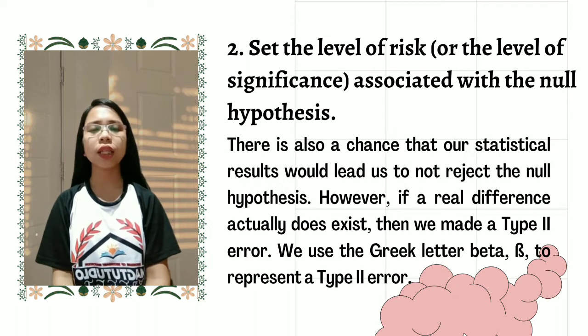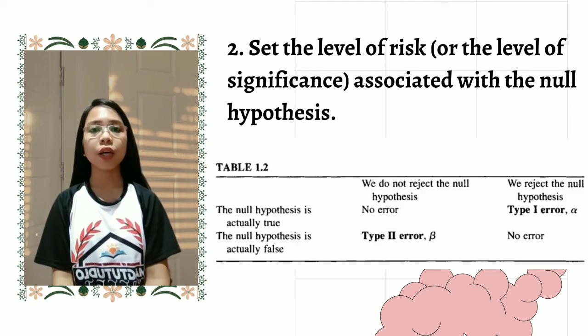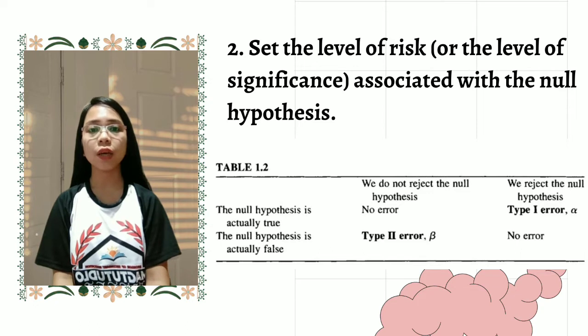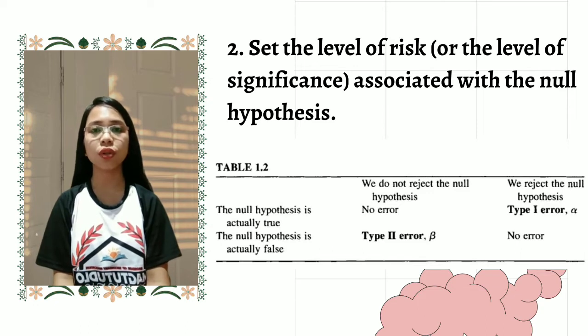There is also a chance that our statistical results would lead us not to reject the null hypothesis. However, if a real difference actually does exist, then we made a type 2 error. We use the Greek letter beta to represent a type 2 error. So, here's the table stating whether the null hypothesis is true or false.